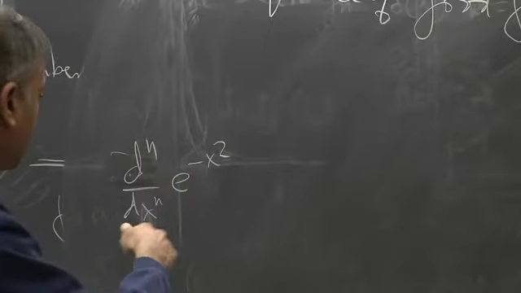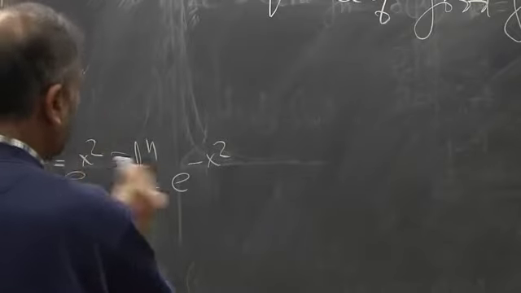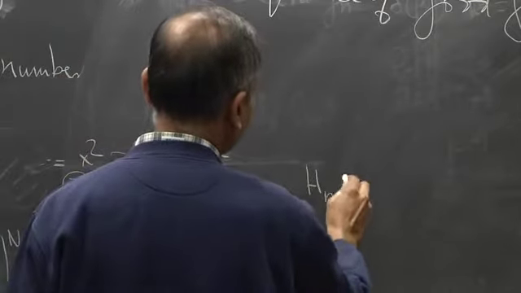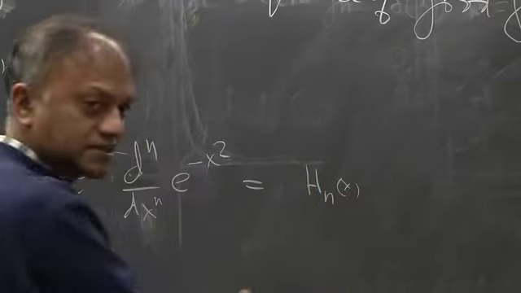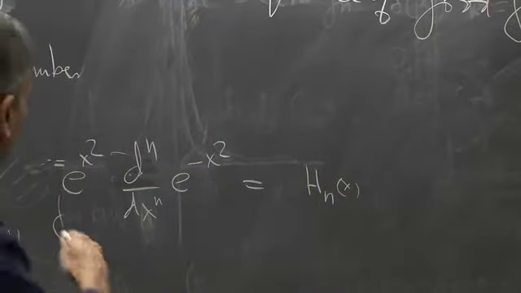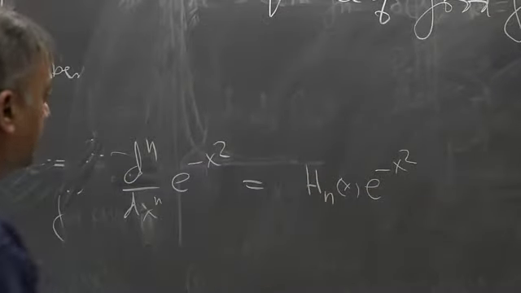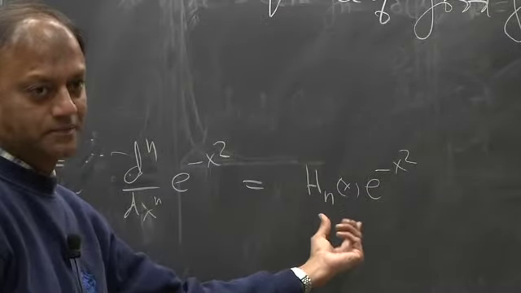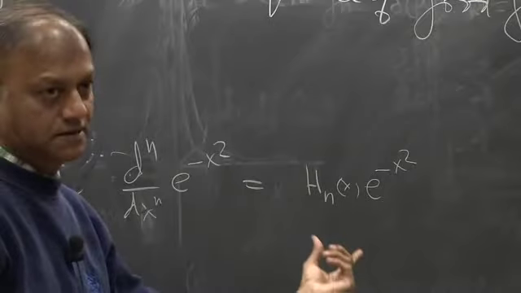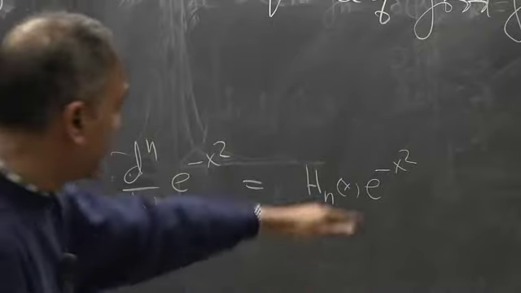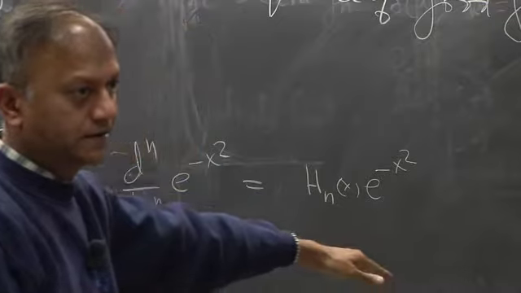Actually, if you had multiplied by e to the x square, then that is what we defined as Hn of x, up to some normalization. So this is just an nth degree polynomial, and these derivatives exist, and they are just given by Hermite polynomials times the Gaussian again.